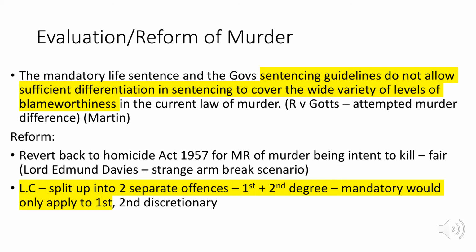This would be more fair. Also, the Law Commission said they should split murder up into two separate offences, so first and second degrees, kind of like what the US system does. So the mandatory sentence would only apply to the first, second discretionary.